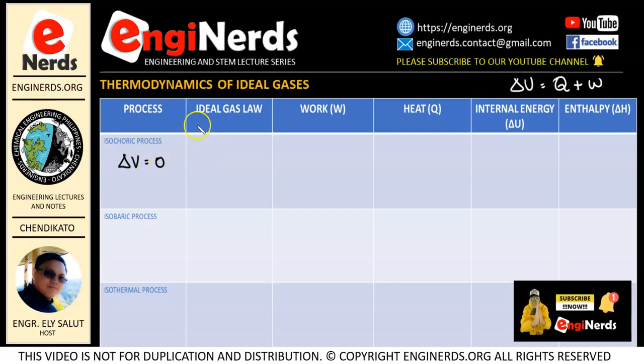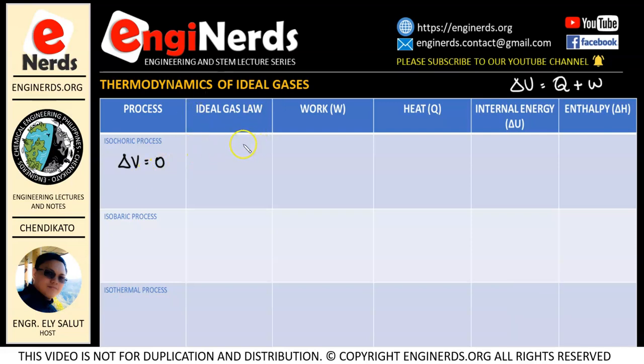And if you remember in our ideal gas law, what do we use when we are operating at constant volume? We are using Gay-Lussac's law, which is P1 over T1 is equal to P2 over T2. So this is Gay-Lussac's law, and we have a separate video about this as well. So this is the equation that we are using when we are working in ideal gases under constant volume process.